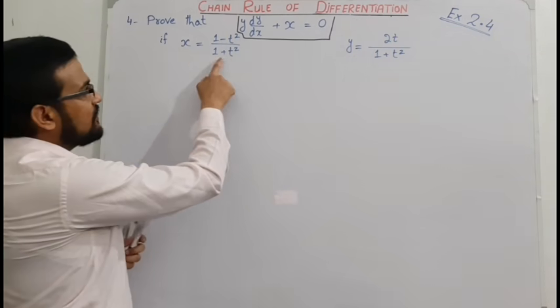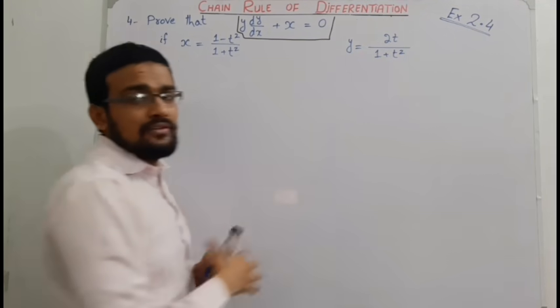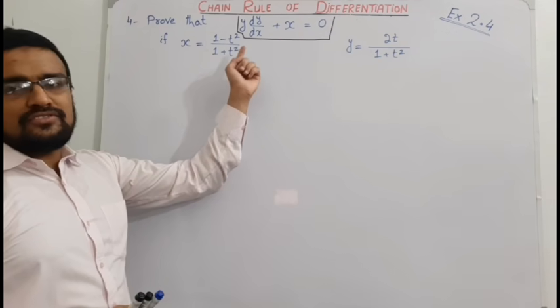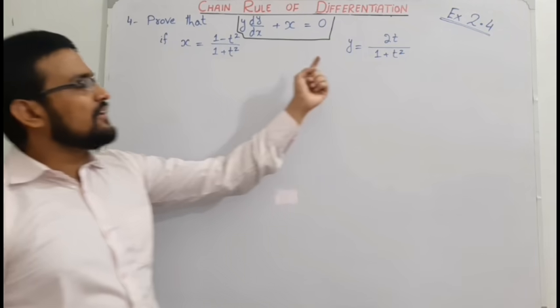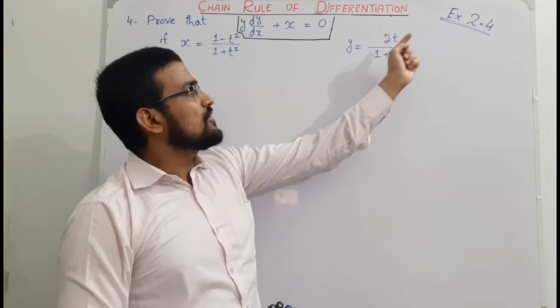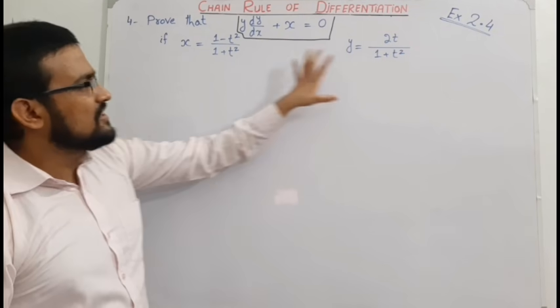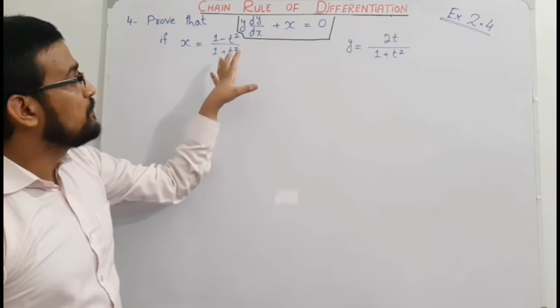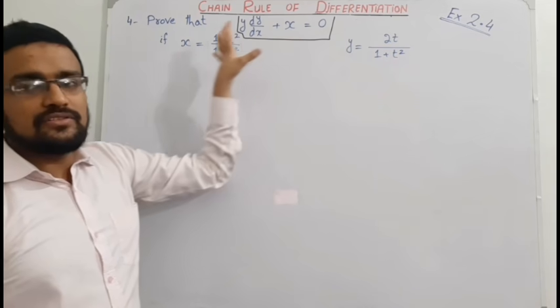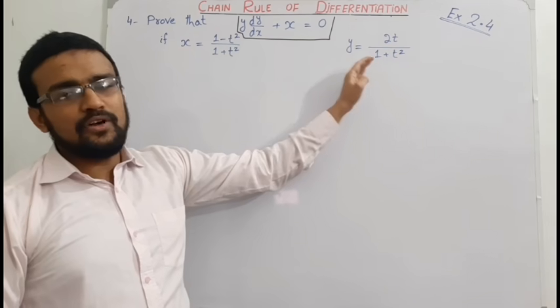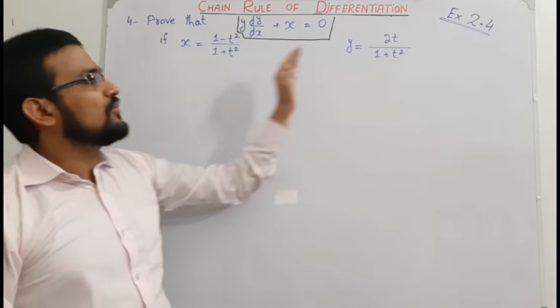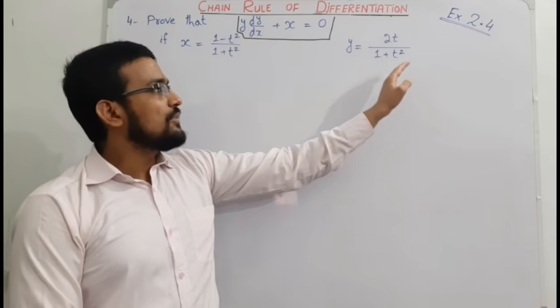Given that x is equal to (1 minus t²) over (1 plus t²), and y is equal to 2t over (1 plus t²). Here students, you can see these are parametric equations, because x and y both depend on the same variable t.